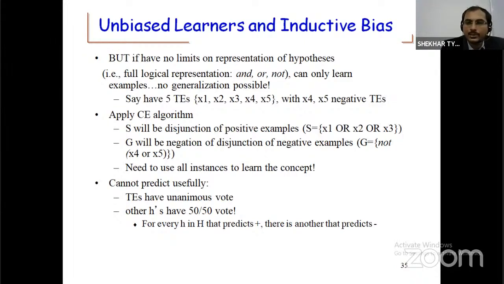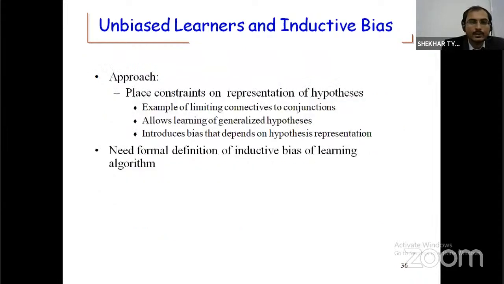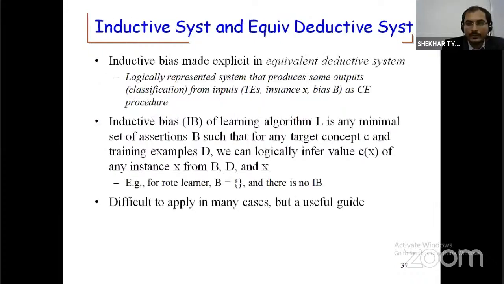We can apply disjunctions, negations, and predicate logic to derive a particular result, to find out whether they are yielding negative or positive hypothesis results. Biasing means placing constraints on the representation of hypotheses, limiting connectives to conjunctions, generalizing hypotheses, introducing biases that depend on hypothesis representation, and needing a formal definition of the inductive bias of particular learning algorithms.